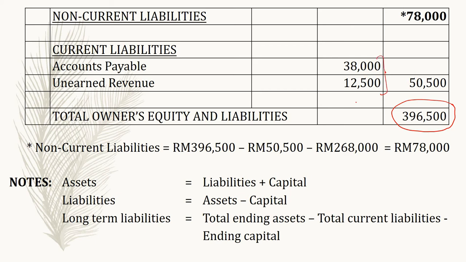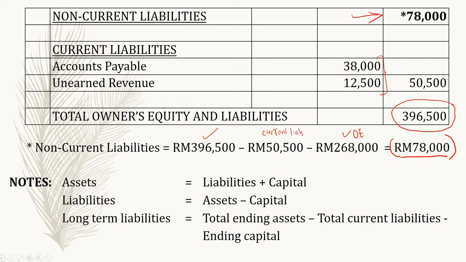So that means we have 396,500 ringgit minus your current liabilities, and your owner's equity, your ending capital. So we came down to the amount for your non-current liabilities, that is 78,000 ringgit. So this is to answer Roman 3. So this is example 3.